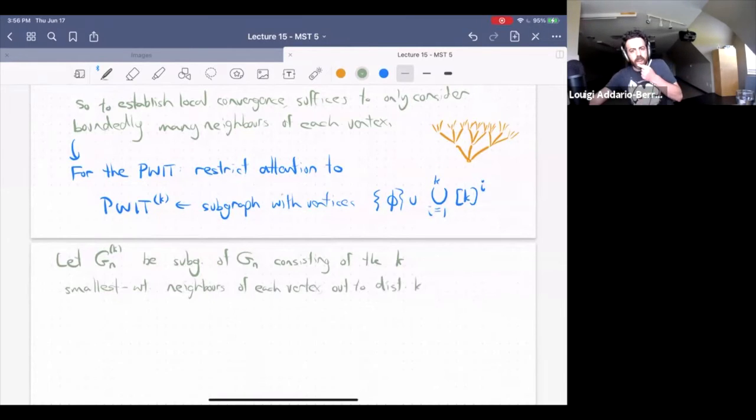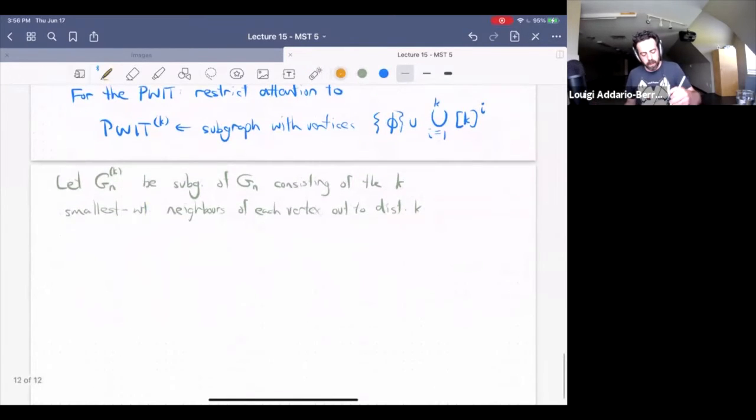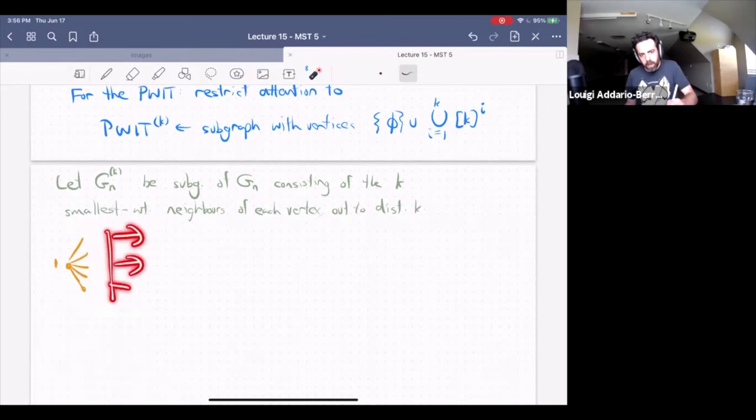But now I really want to think about the smallest weight neighbors in the unexplored portion of the graph. By that I mean, starting from vertex 1, we'll look at the k smallest weight neighbors of vertex 1, and then for each of those vertices, we'll look at the k smallest weight neighbors out in whatever's left of the complete graph. And then for each of those, we'll look at the k smallest weight neighbors out in what's left, and so on.